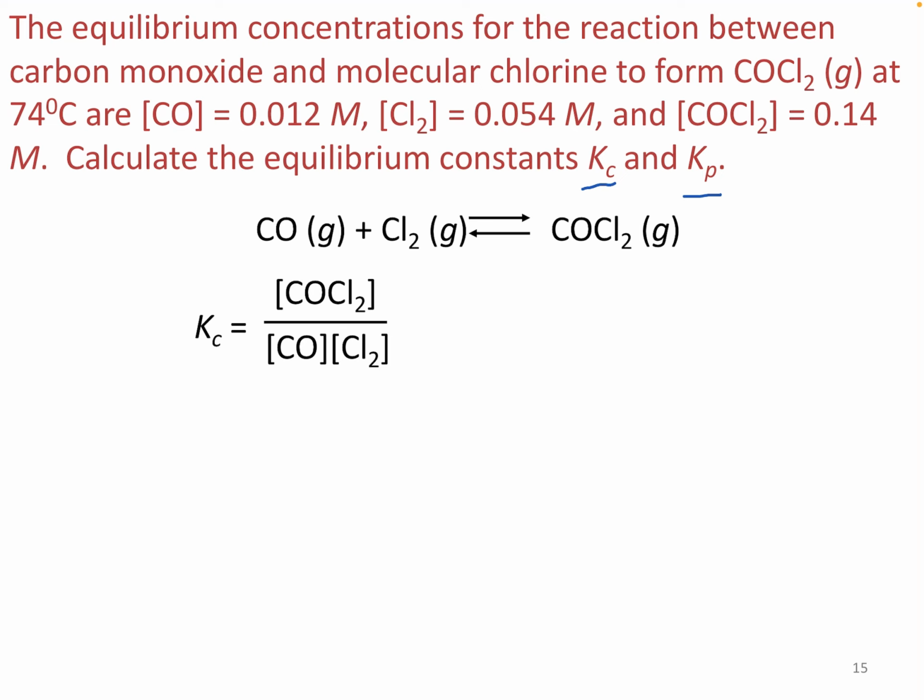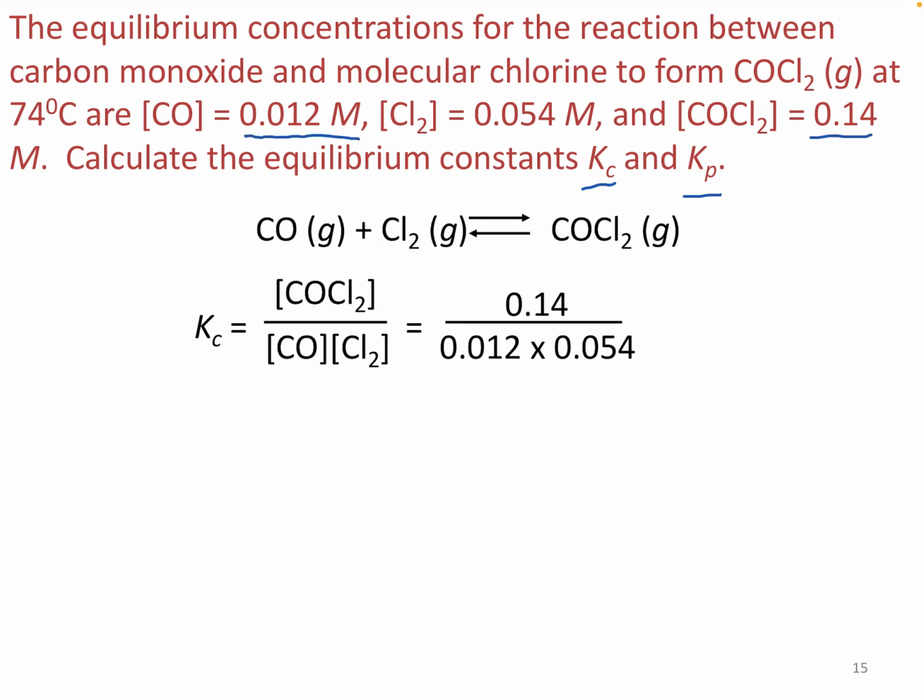So that means Kc is just going to equal the molarity of products over the molarity of reactants. There are no coefficients in my balanced equation, so there are no exponents in my Kc expression. Now I just put the numbers in.